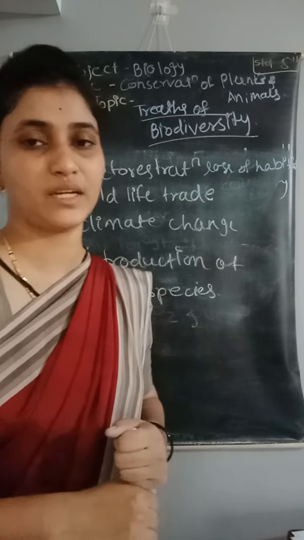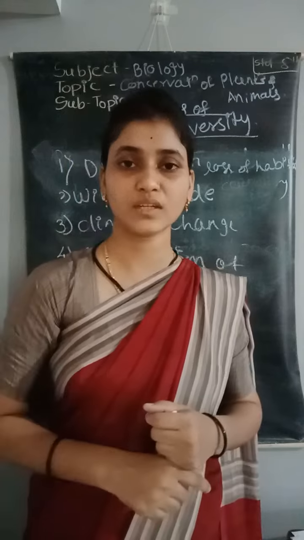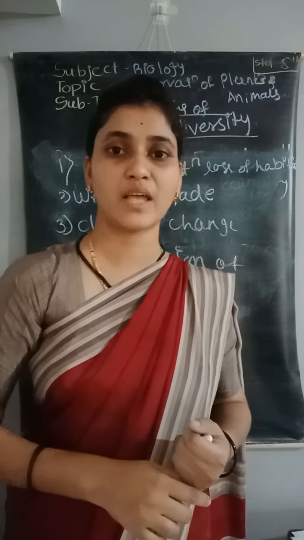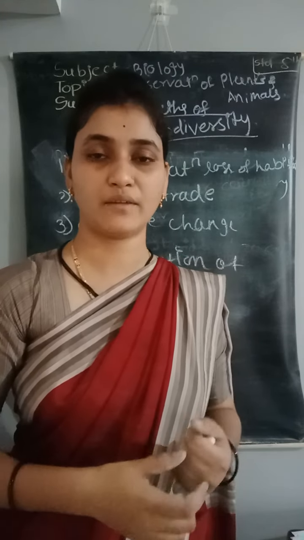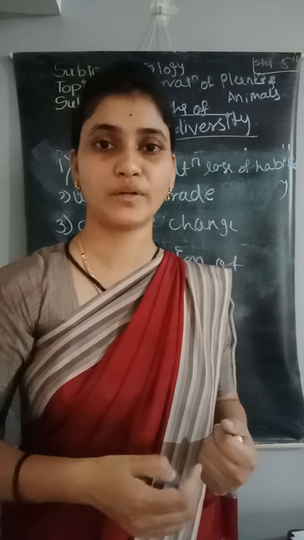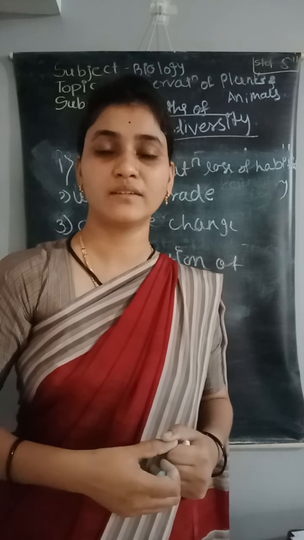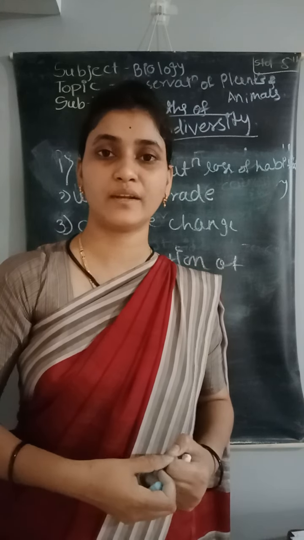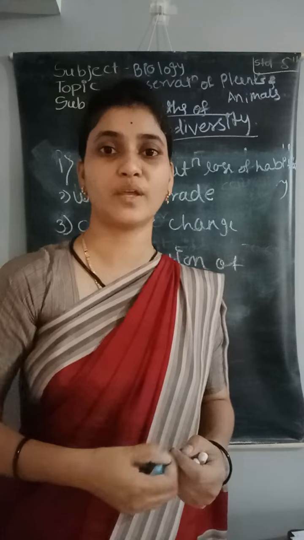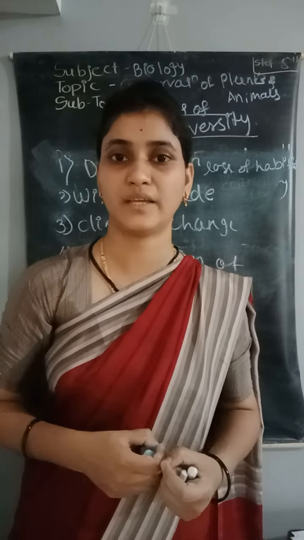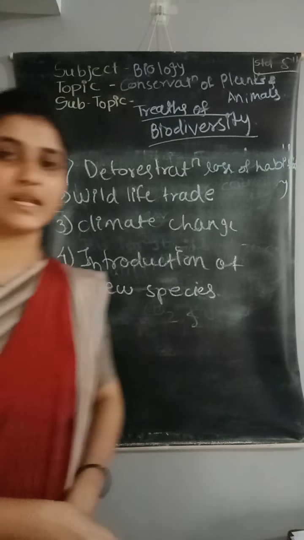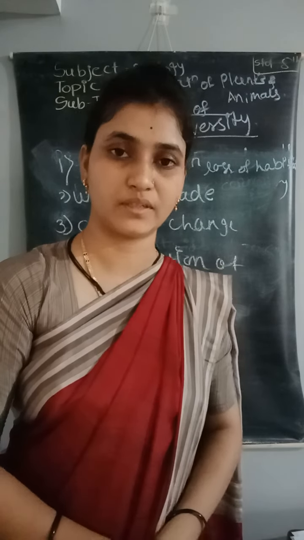The next one we will see is the wildlife trade. In wildlife trade, some animals have important parts, like tigers. Tigers are killed for their important parts like skins, claws and other important things.